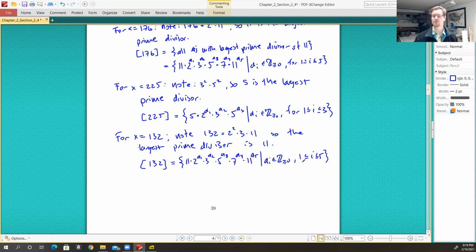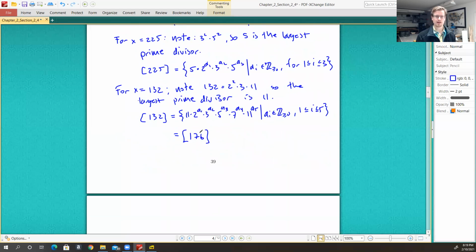This is just a way for me to very quickly say that a1 is a non-negative integer, a2 is a non-negative integer, a3 is a non-negative integer. That's going to take a while to say, but I can simply say that all of them are non-negative integers. Okay, done. But this, we said, is the equivalence class containing 176. So of course, 176 and 132 are related to one another, so they belong in the same equivalence class, and hence the equivalence class containing them is the same. That's absolutely fine.